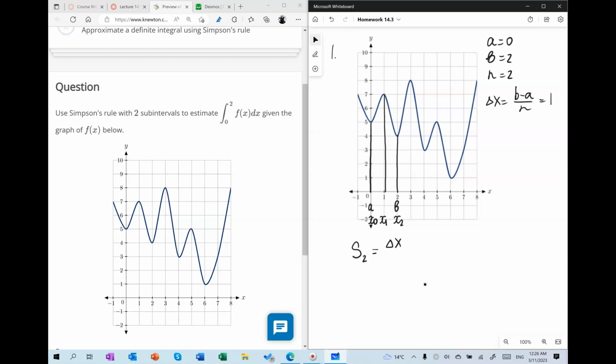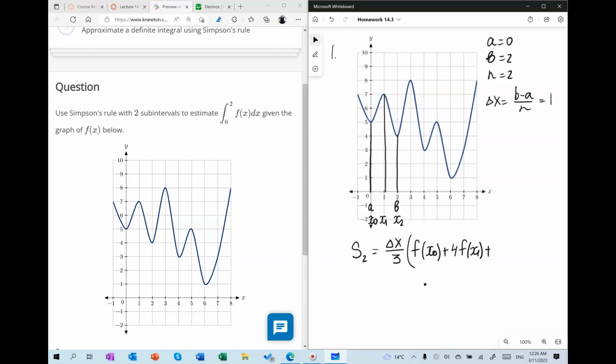And the formula for Simpson's approximation is delta x over 3. And inside of the parentheses, we have f of x0. And then there goes the rotation 4, 2, 4, 2 until we reach the last one. And here we start with 4 f of x1.